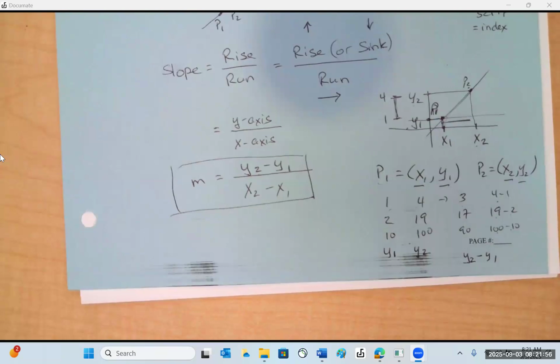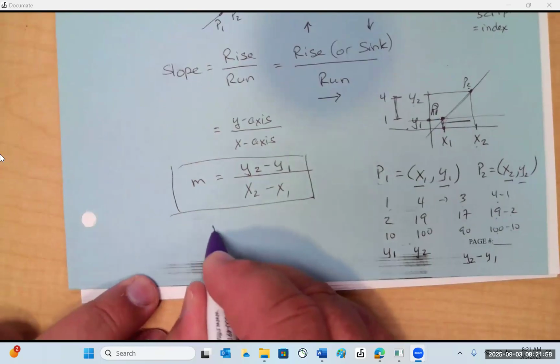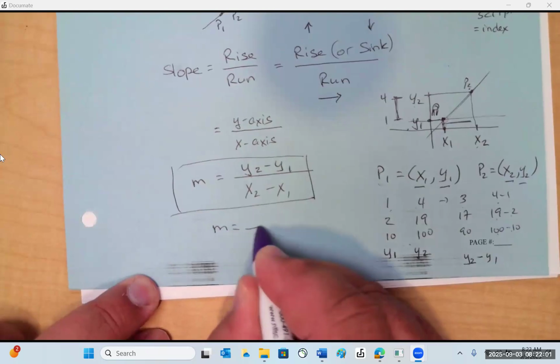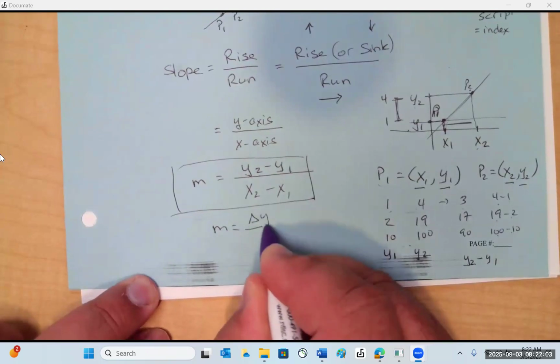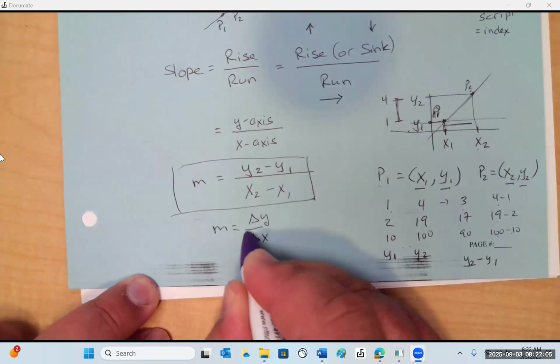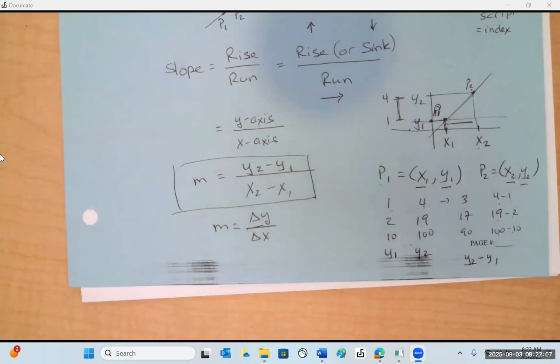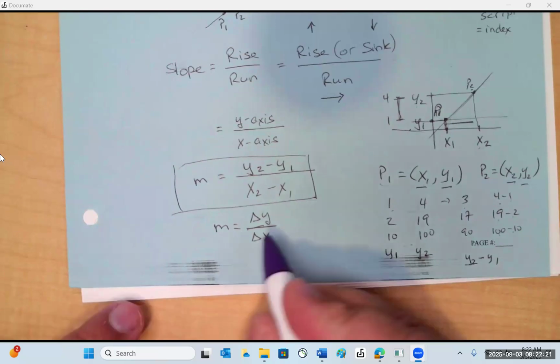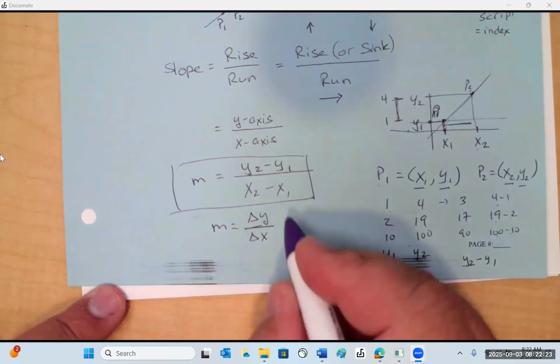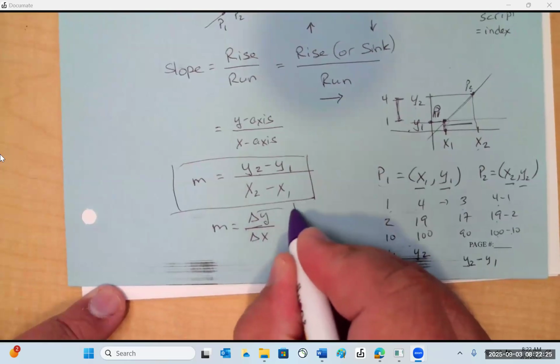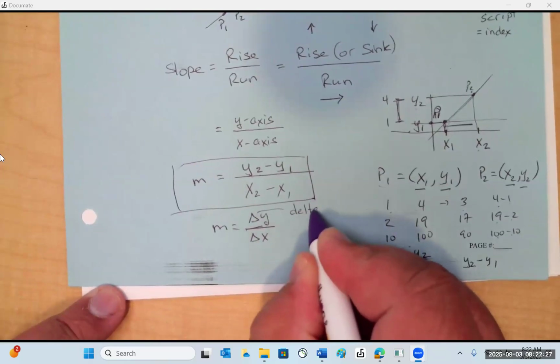Now, in math books, what you're going to see is this. That's another way of writing the slope equation. This little triangle, in mathematics, is called delta.